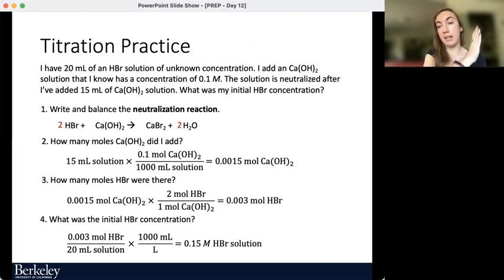And Br is in my second to last column, which means it has a charge of -1. So in order for this salt to be neutral, I need 2 bromines for every 1 Ca. And so I have CaBr2 in order for this to be charge neutral. Whenever ions are hanging out in groups, they want to have a charge of 0. So if I have something that's +2 and something else that's -1, I need 2 of the thing that's -1 in order to end up with a net charge of 0.